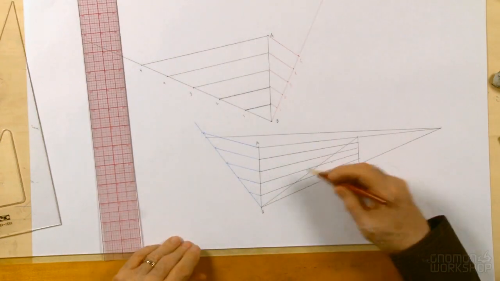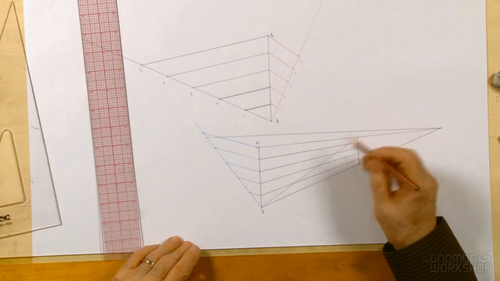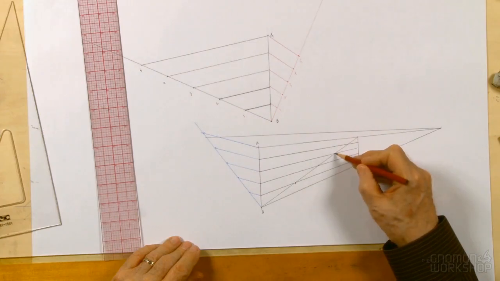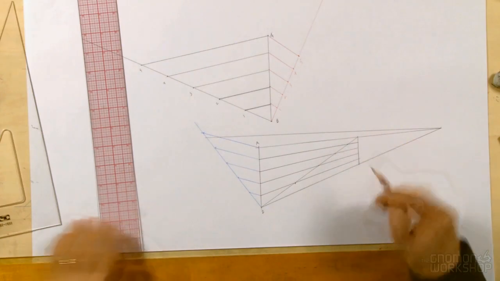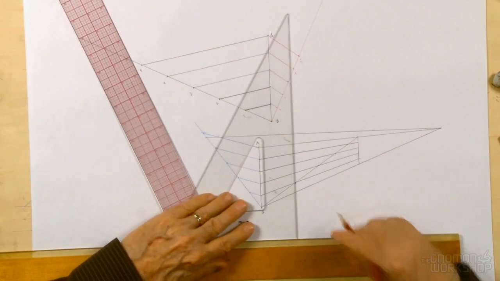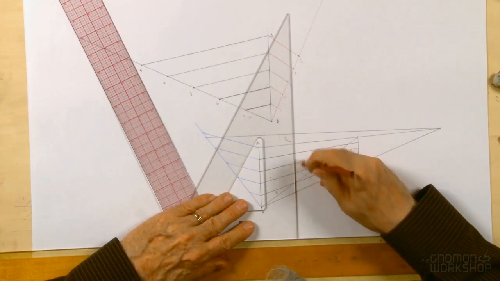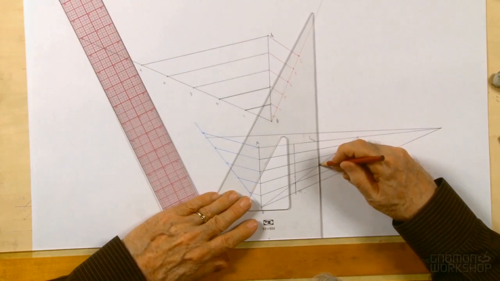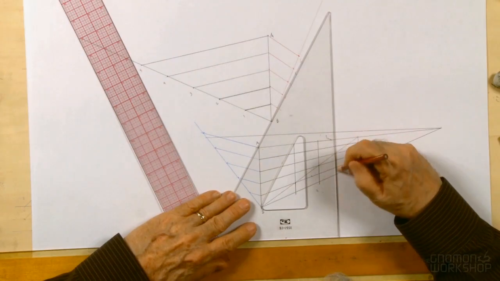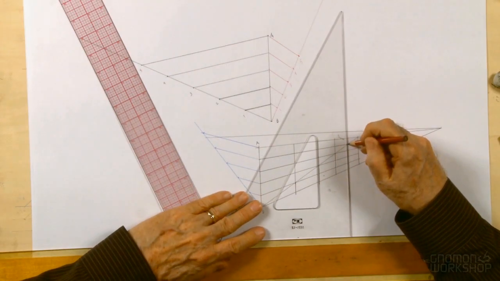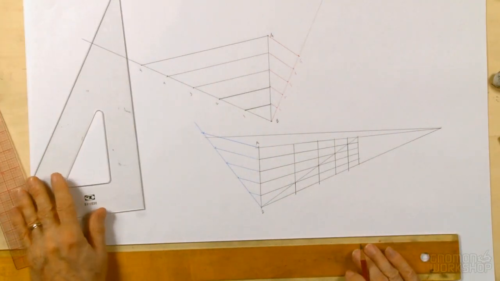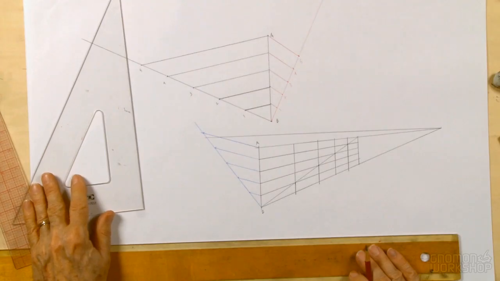Step four is where that line crosses each one of these lines, we make a vertical. So lining up with each one of those points, make vertical lines here. So you see what it does, it divides that into 5 foreshortened vertical spaces.